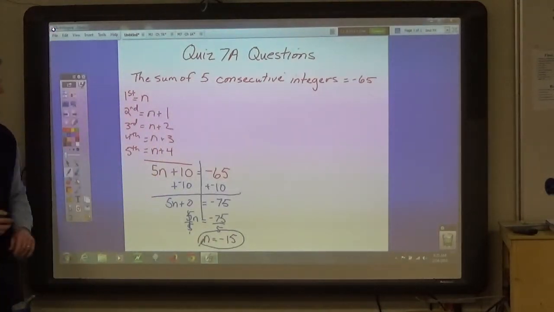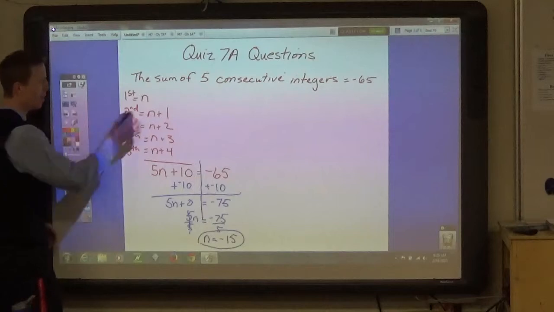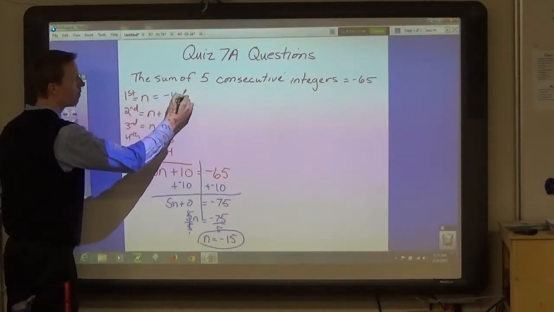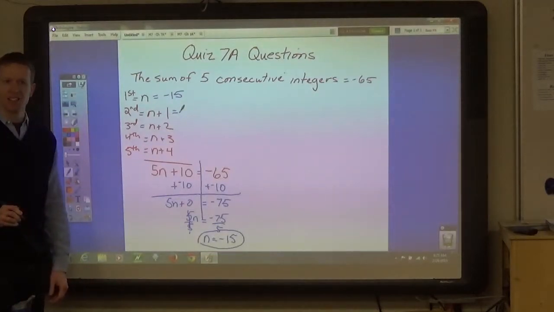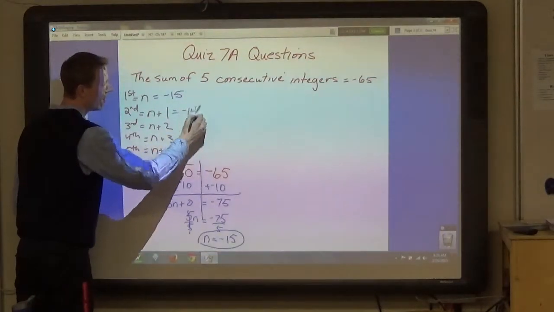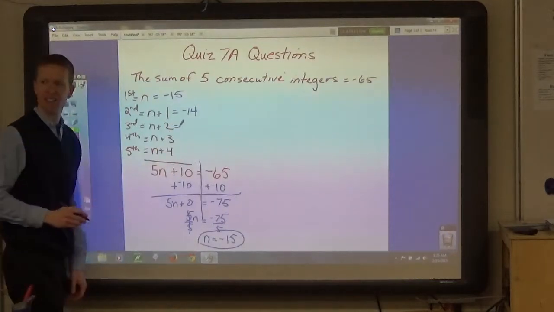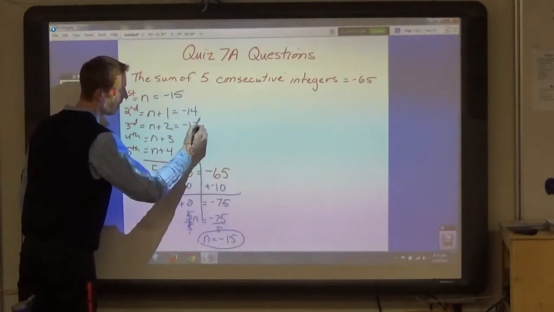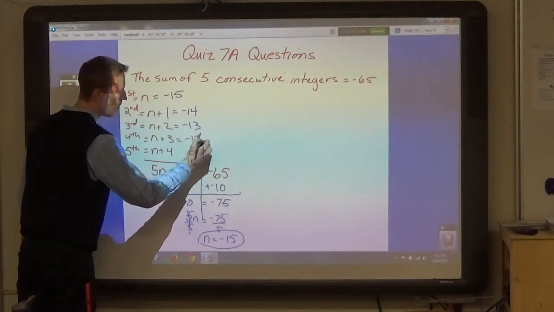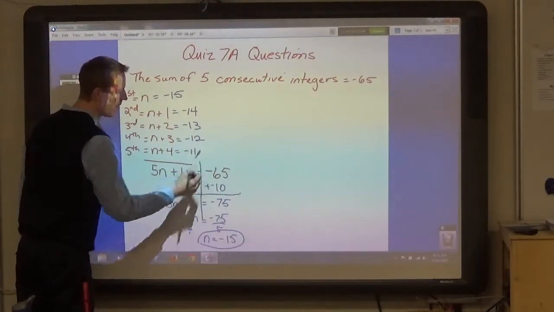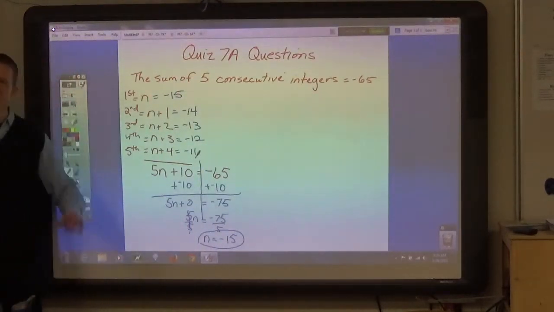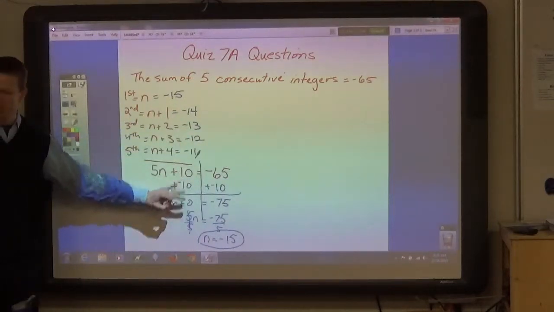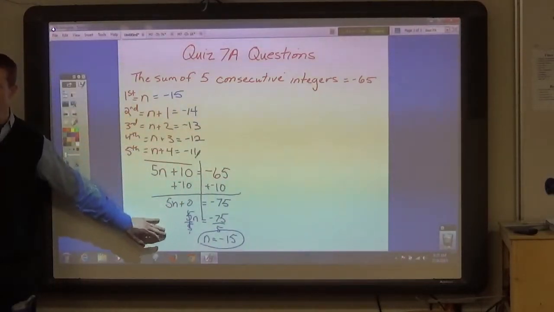And then the third point is, if n equals negative 15, then n plus 1 is negative 14, n plus 2 is negative 13, n plus 3 is negative 12, and n plus 4 is negative 11. So you get 3 points for this question.